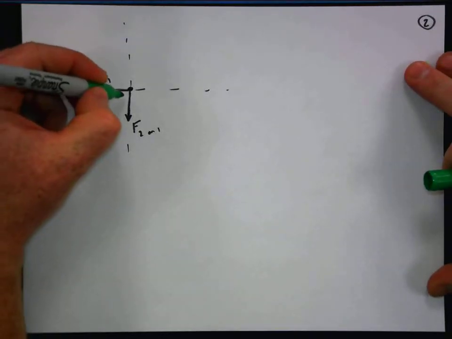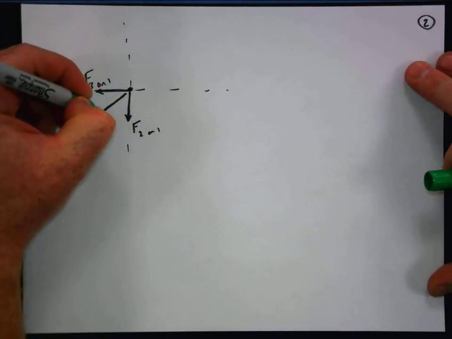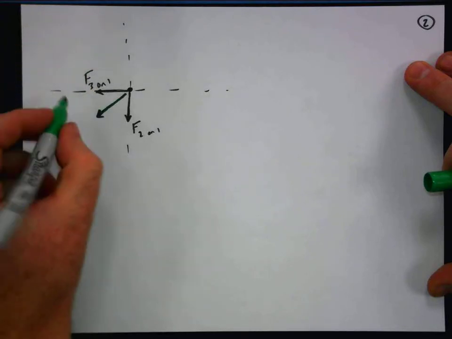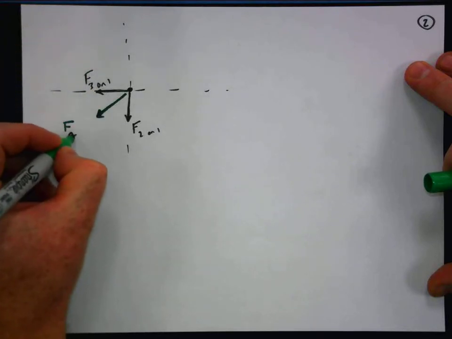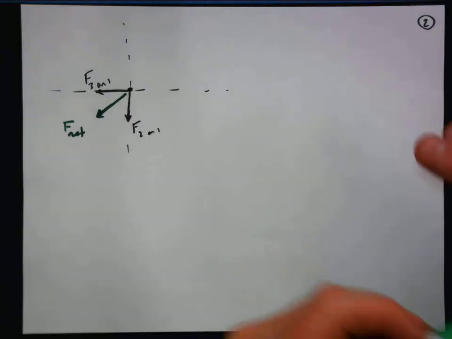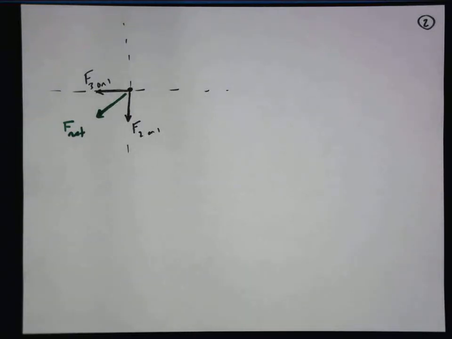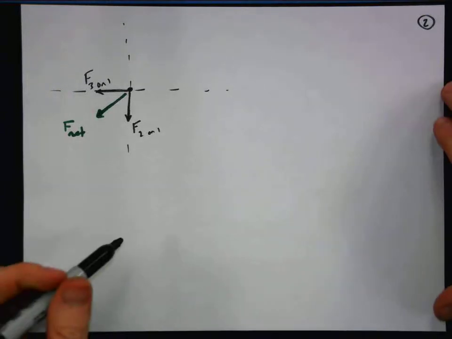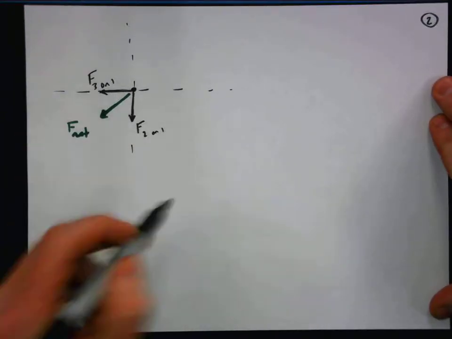And since I've got color, I can use it. I'm going to go green all over again, and the net force will be somewhere down here, right? Net force. Awesome. So now I'm going to look at the situation and solve for each of these individual forces here.